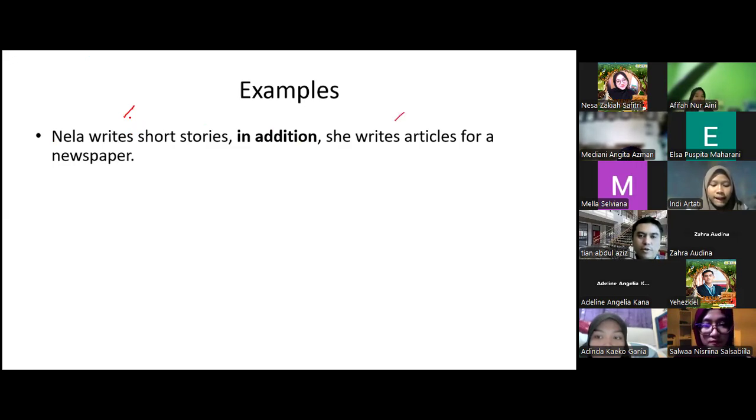So if we combine, 1 plus 1 equals two activities. That is, two activities are done by Nela.